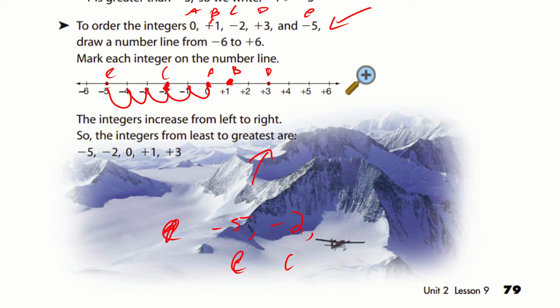Next, we have either A, B, or D. Well, 0 is pretty close to negative 2, so it's going to be A, which is 0. Then we have plus 1, which is B. And finally, we have plus 3, which is D. This is the greatest number because it's the highest positive.